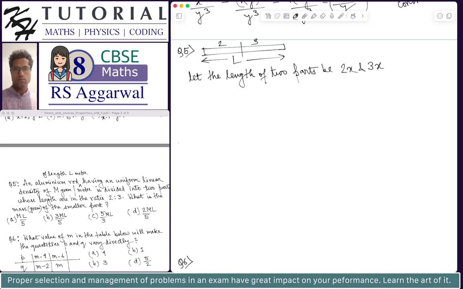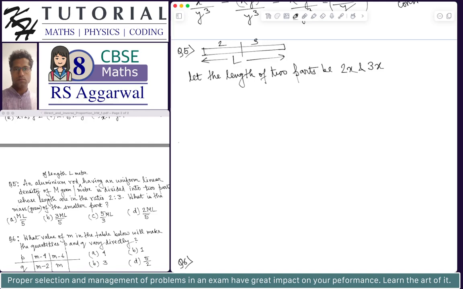This is a concept of ratio and proportion. I hope you are familiar with this. You have already studied ratio and proportion in your previous class 7, and I don't know whether you have it in class 8 or not. Maybe in some later chapters I will see.